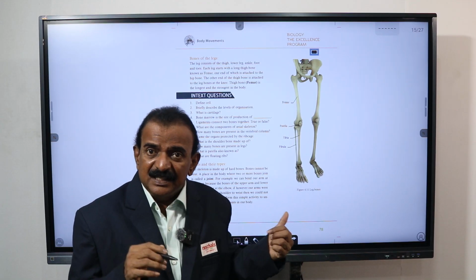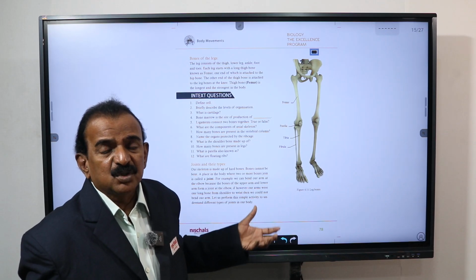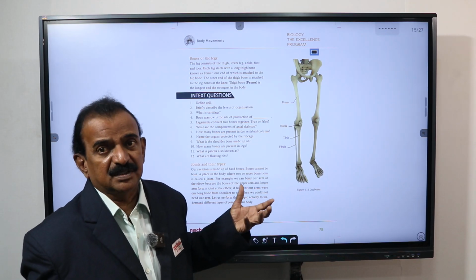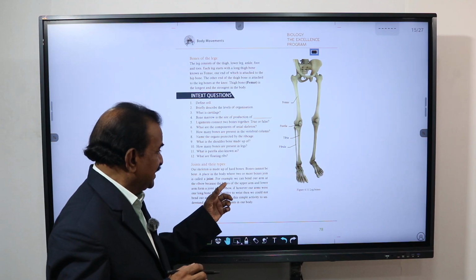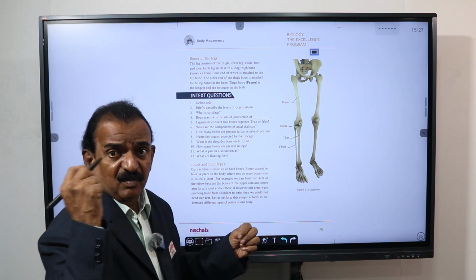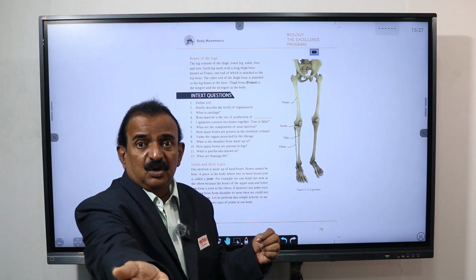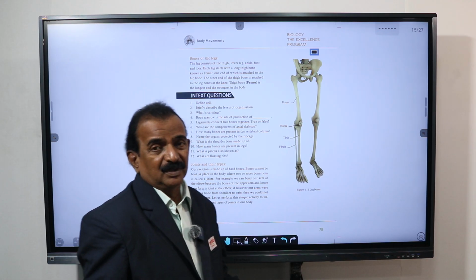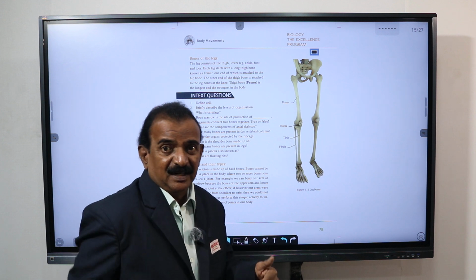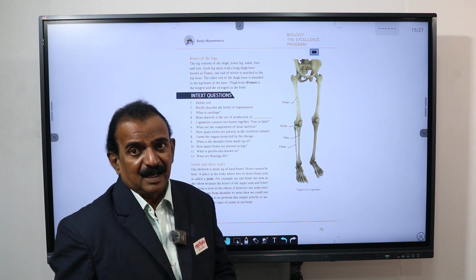In this topic, we need to discuss what joints are and how joints are formed. For example, we can bend our arm forward and backward. We can also fold our legs backward and then bring the leg back to the normal position.